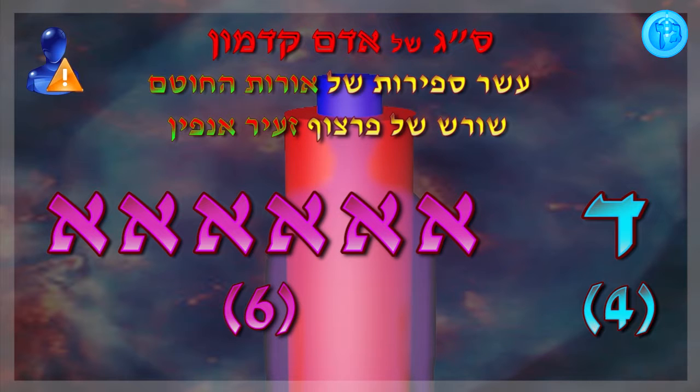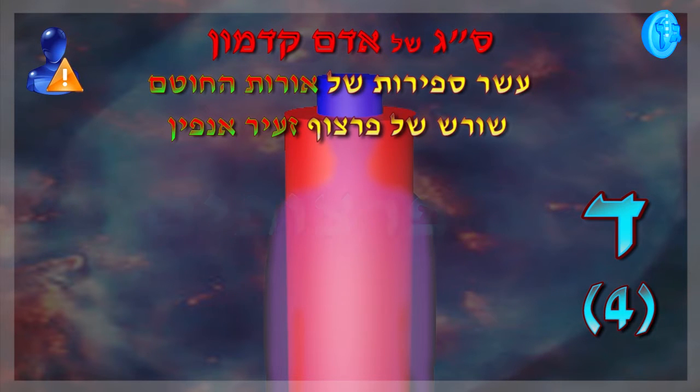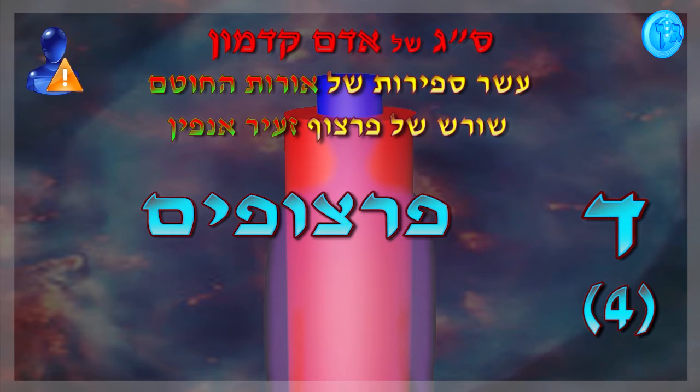This letter Dalet alludes to the other 4 Partzufim in Olam HaAtzilut. That is to say, after learning that the letter Vav represents the fact that the light of the nostrils is the root of Partzuf Ze'er Anpin in Olam HaAtzilut, the letter Dalet therefore represents the remaining 4 parzufim which make up Olam HaAtzilut, which are not enrooted in the light of the nostrils.